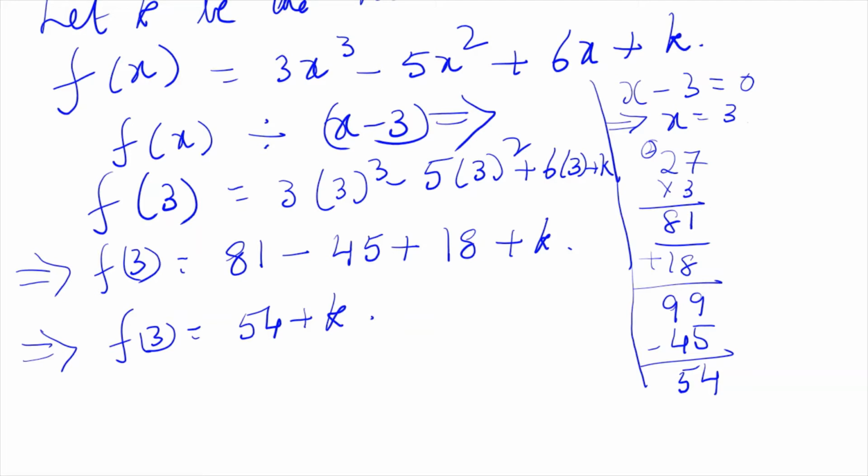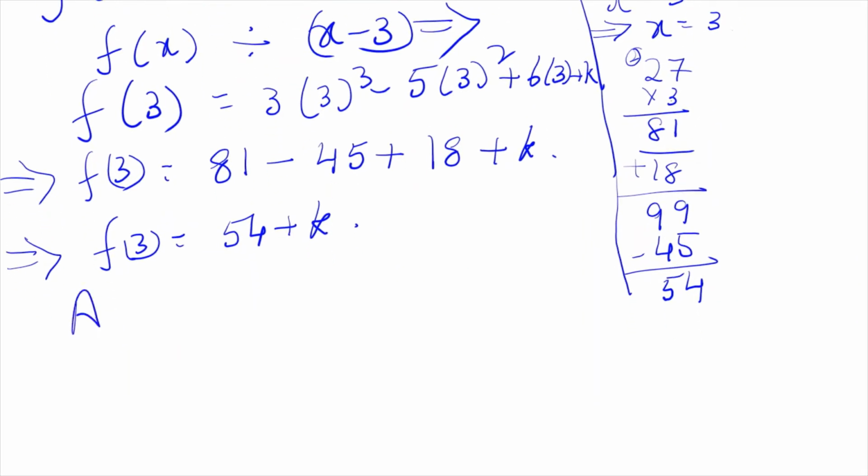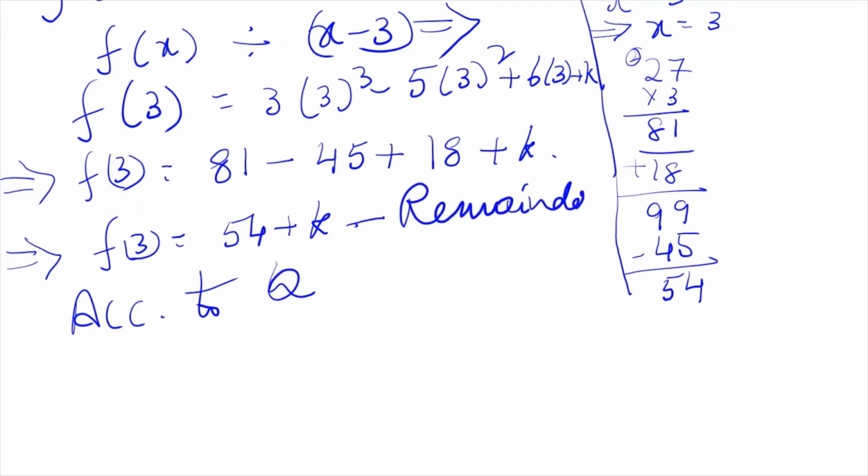Now according to the question, the remainder should be 8. So 54 plus k must be equal to 8, because 54 plus k is the remainder, and according to the question this remainder should be equal to 8.